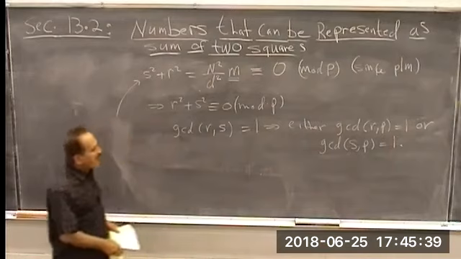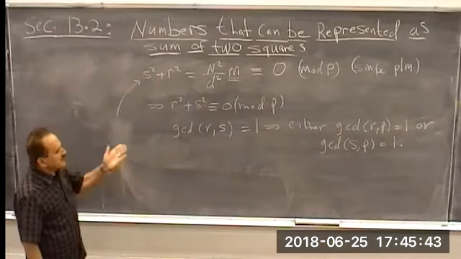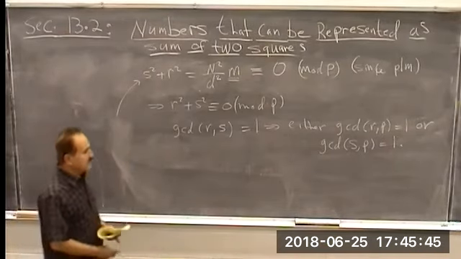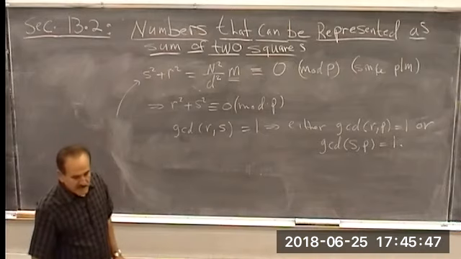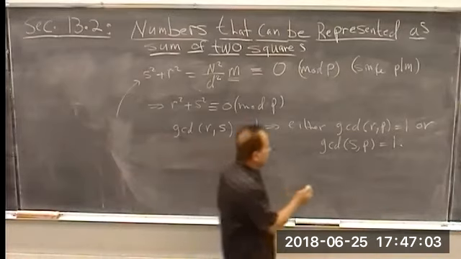Because if not, then we're going to have both of these equal to P, and P is going to be a common divisor of this. So we cannot actually have that case. All right, so again, it's either one of these, but not both.